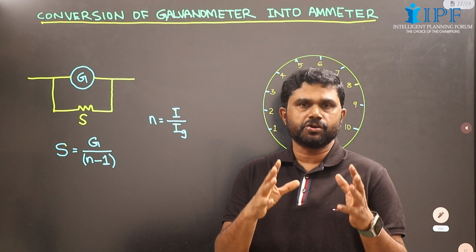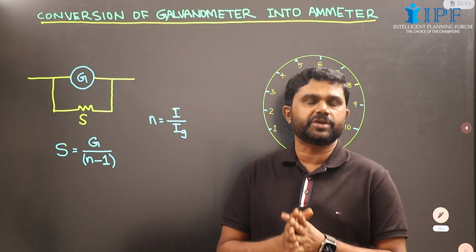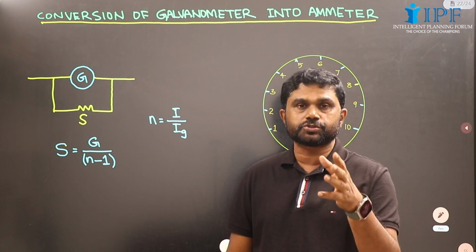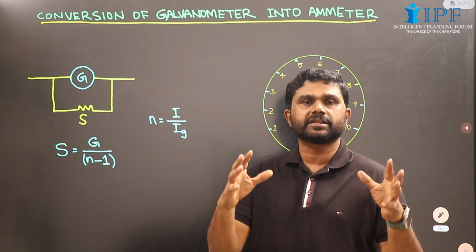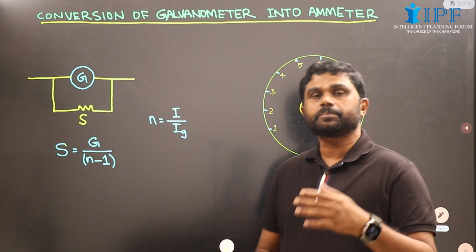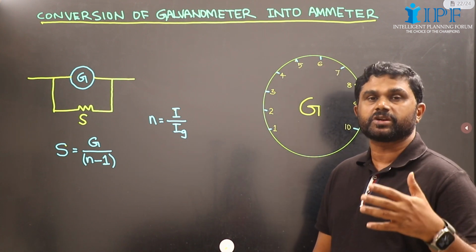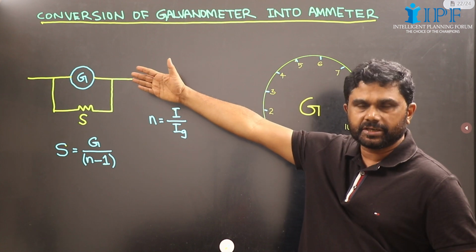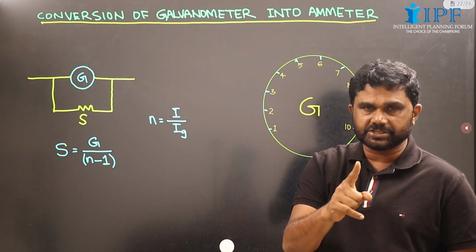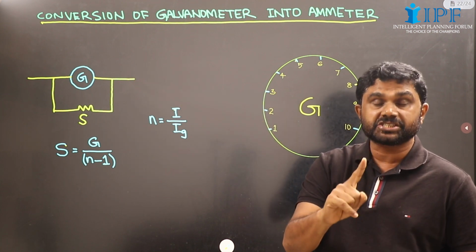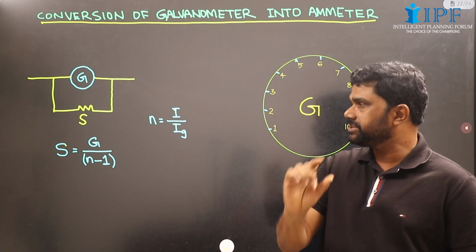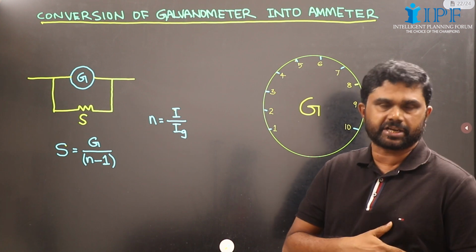Next is conversion of galvanometer into an ammeter. A galvanometer is an instrument used to detect the current rather than measure the current, means it produces a large deflection even for a small current. We have a galvanometer whose resistance is capital G, and it is capable of measuring a maximum current of Ig, the full scale deflection current.